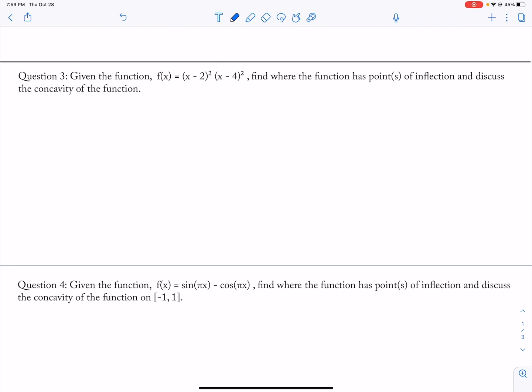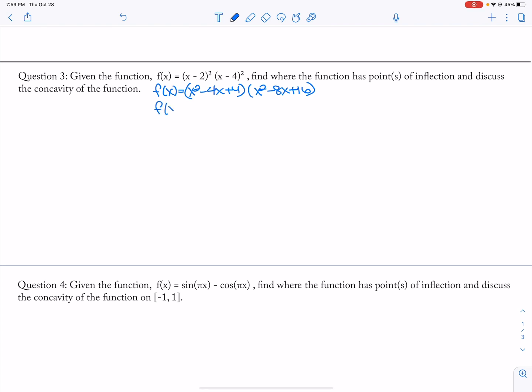But I think when I look at it, I'm not going to want to do a bunch of product rules. So x squared minus 4x plus 4, and then x squared minus 8x plus 16. I think I'm just going to multiply this out because it's a lot.